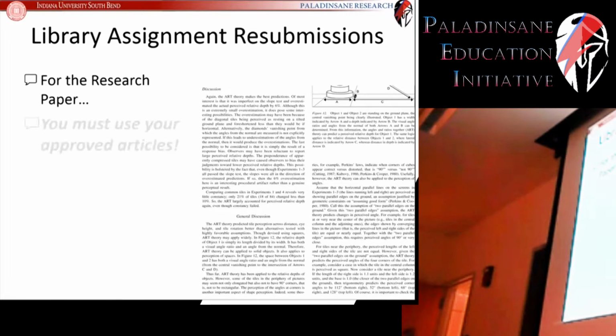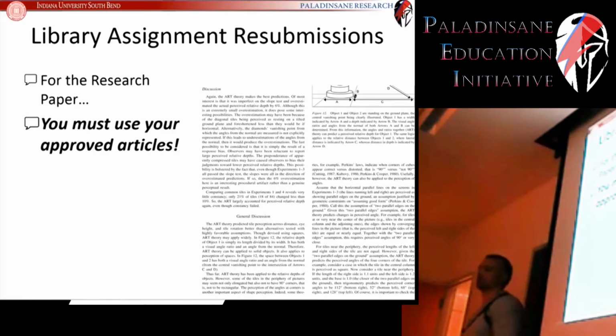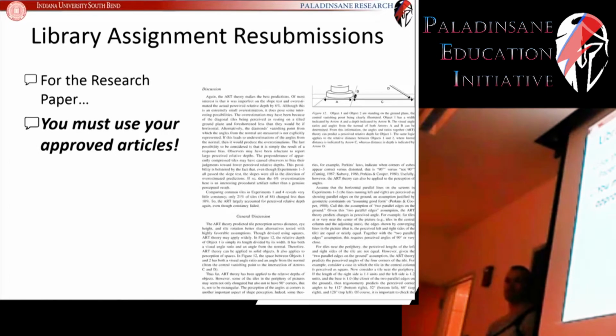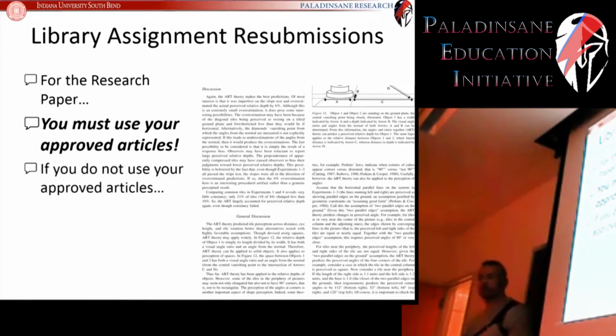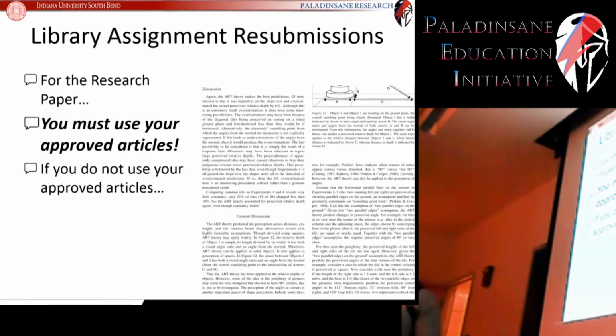Also for the research paper, make sure you use your approved articles. You can use articles in addition to those, but you have to use the articles that you have approved. I have made a list of everybody's approved articles, and I will be looking for those in your final research paper.